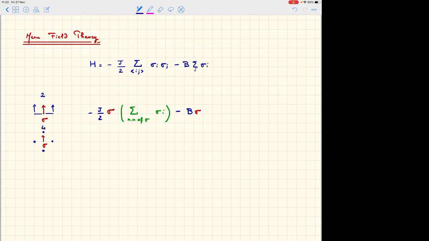So 4 is the number of nearest neighbors. In 3 dimensions it is going to be 6. In 4 dimensions, what am I going to have?